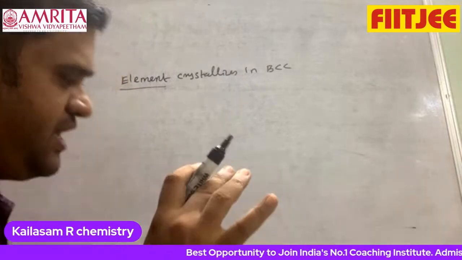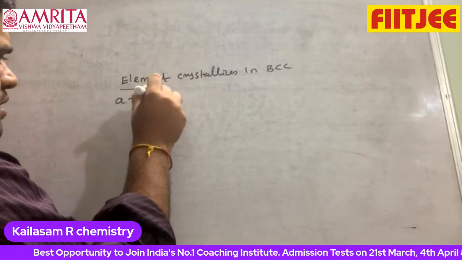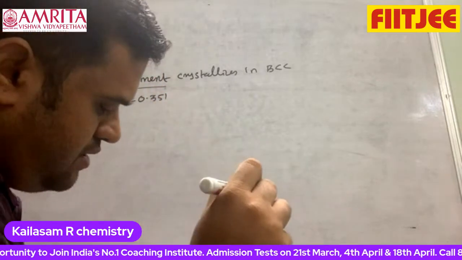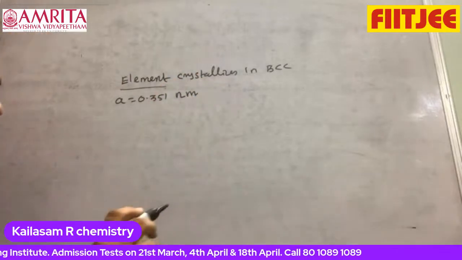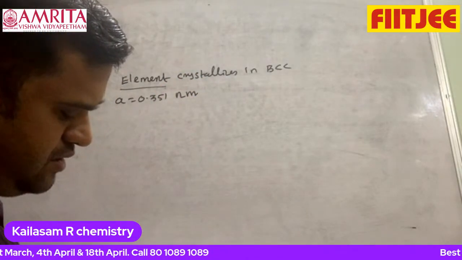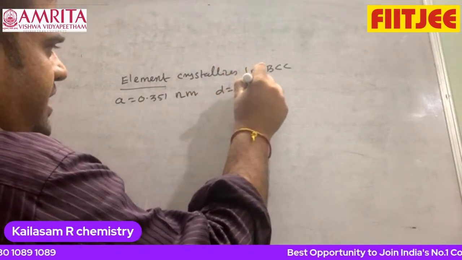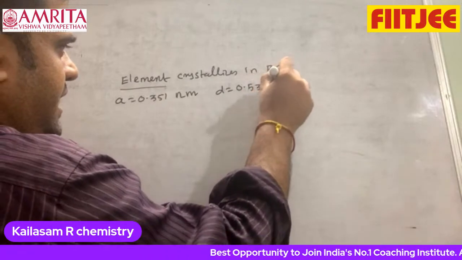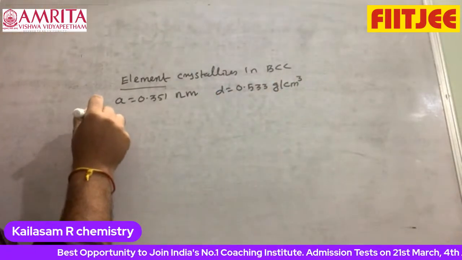The edge length a is equal to 0.351 nanometer, and density is 0.533 gram per centimeter cube. Find the atomic weight.